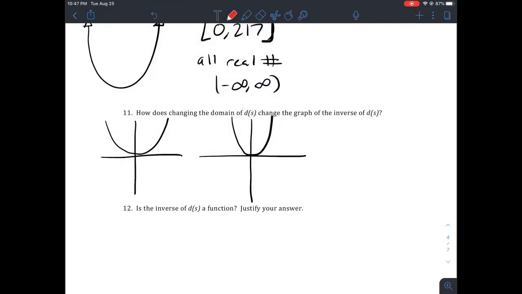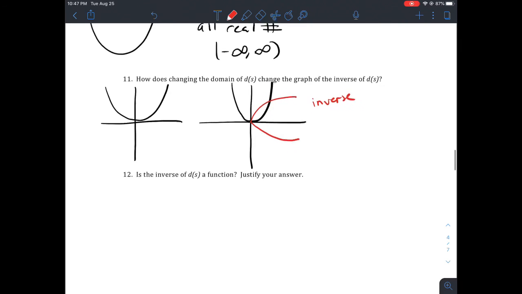Let's try that. It's a little bit better. If we were to draw the inverse, the part that we drew before looked like this, right? But now we have to draw the entire parabola. So this red part would be the inverse of that function if it had its true domain.